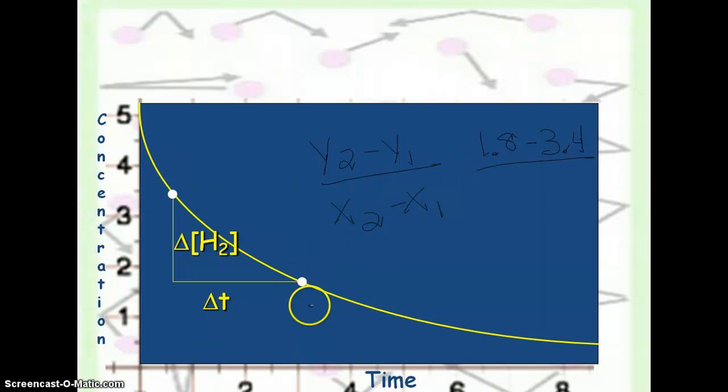So our x2 here is probably a little over 3, so we'll say 3.2 minus our x1, which is probably about 0.6. Okay, so we have 1.8 minus 3.4 over 3.2 minus 0.6. All right, and we see that that is negative 0.62. Okay, so that would be the average rate.